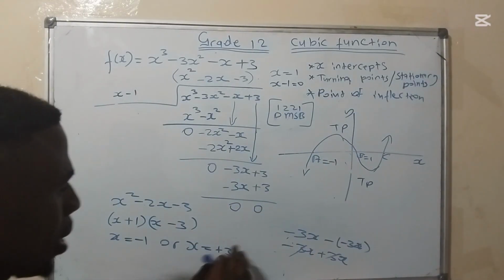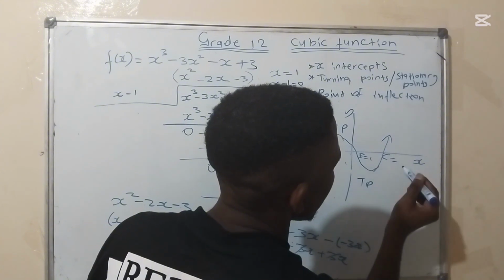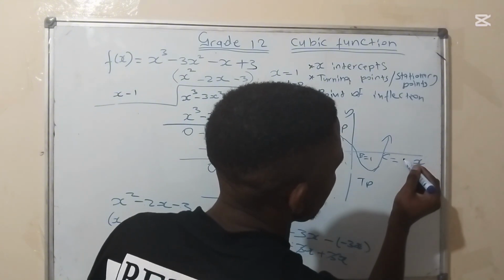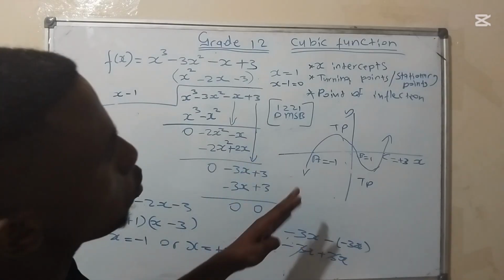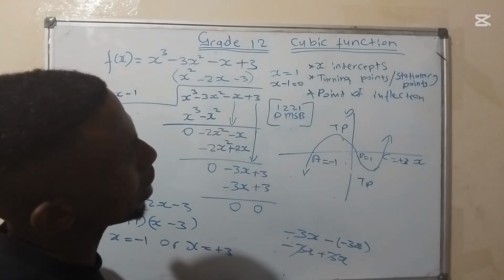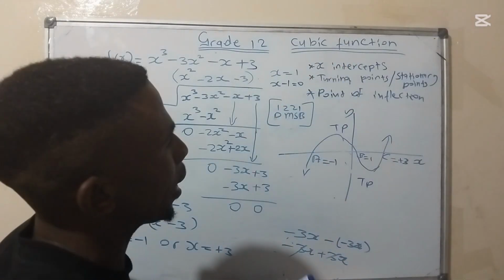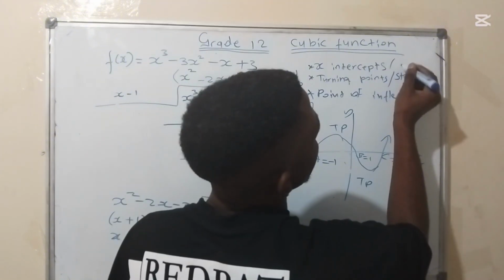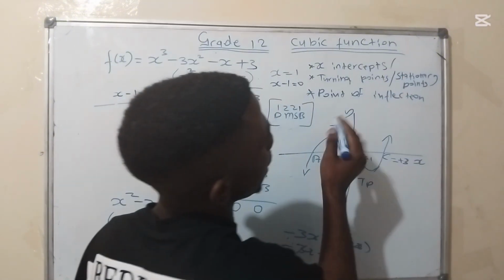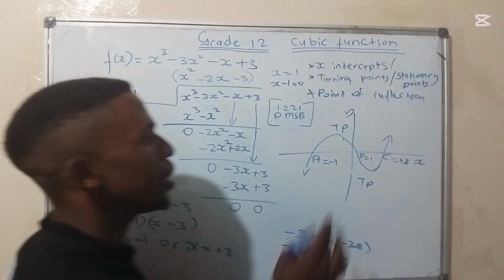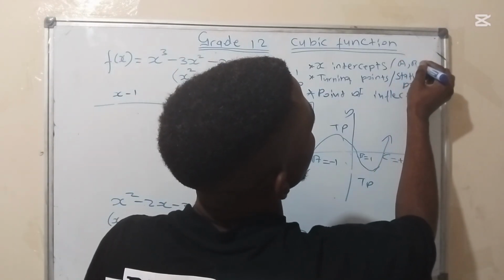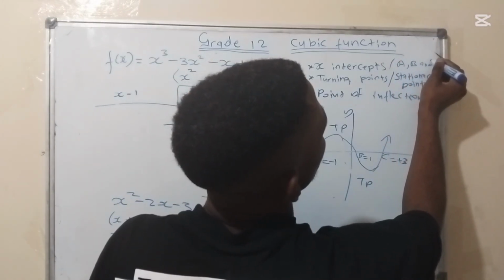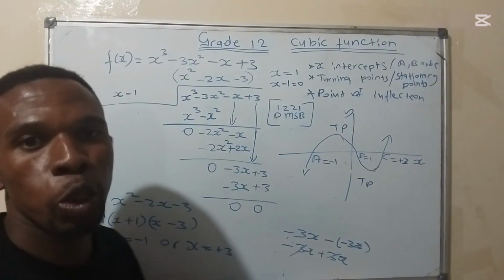What about c? Our c is positive 3, which means c is the x at positive 3. So this is how to find the x-intercepts, the x-coordinates of a, b, and also c. So that's how it works, guys.